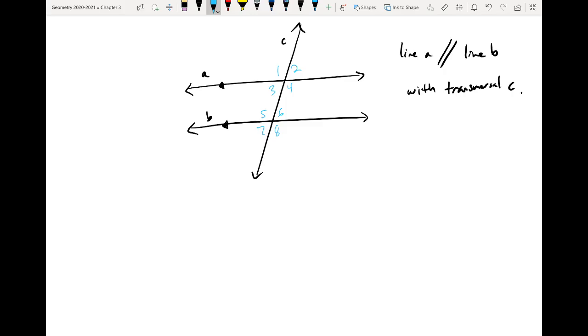Now, we have a few things going on here. First of all, there are two types of angles we can distinguish between. There are the interior angles, and then there are the exterior angles.